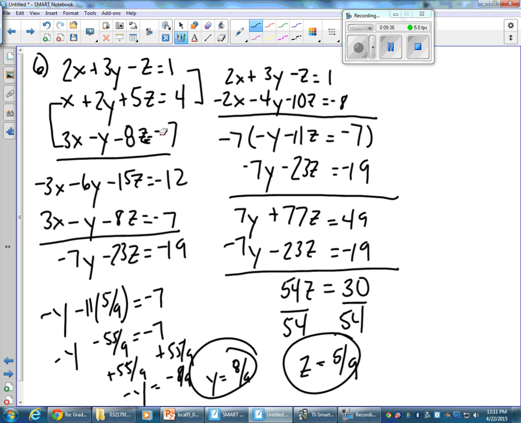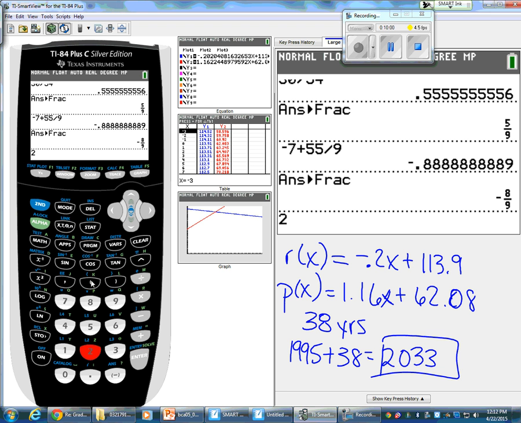Then go back to one of your original equations. I'm going to use this one because it just had an x. So it's going to be x plus 2 times y plus 5 times z equals 4. So that's x, and I'm going to do the 2 times 8 ninths plus 5 times 5 ninths.